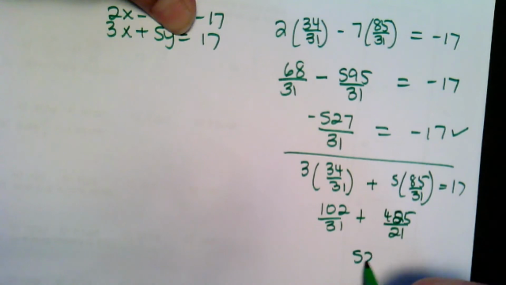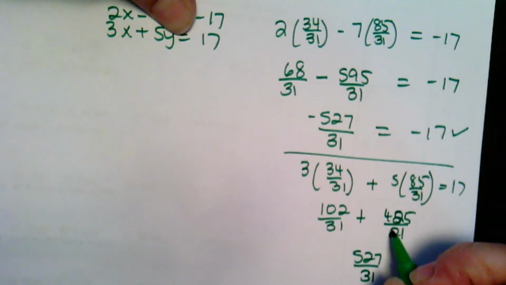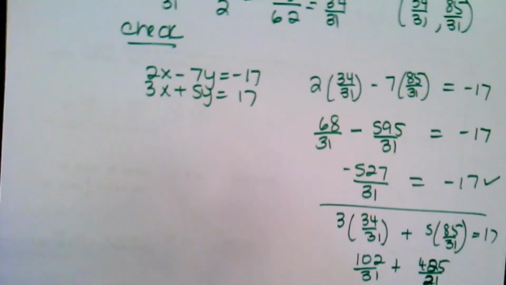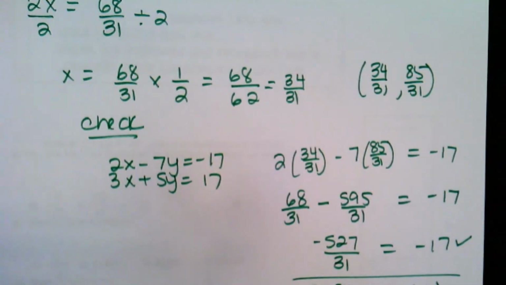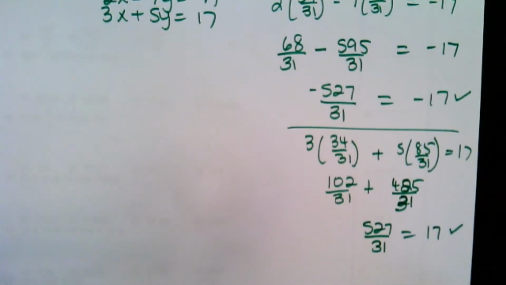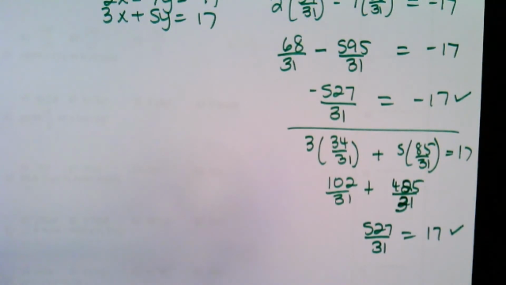I get 527/31s, and that does equal positive 17. So sometimes they don't come out pretty, but just be patient with them. And I always check the ones that come out fractions because it's easy to make mistakes with fractions.